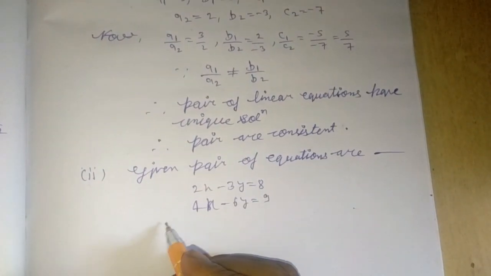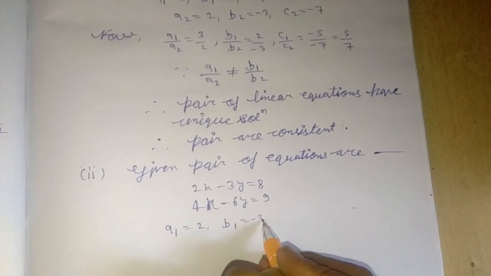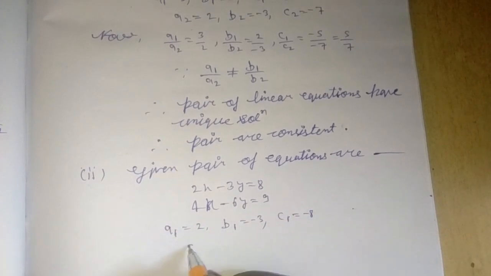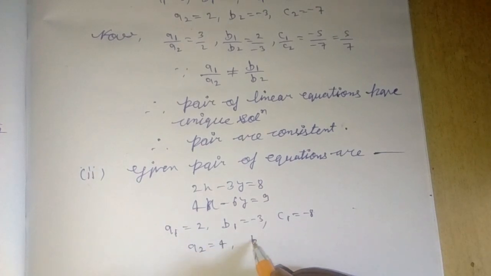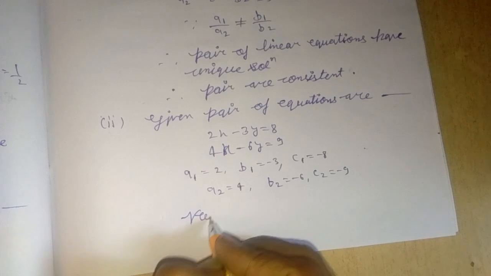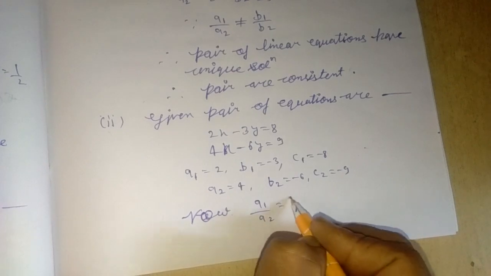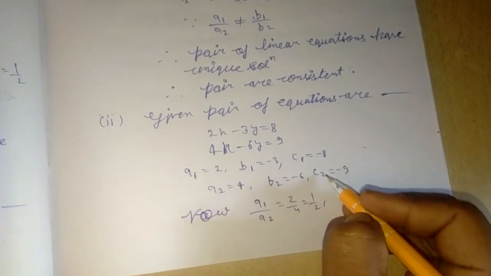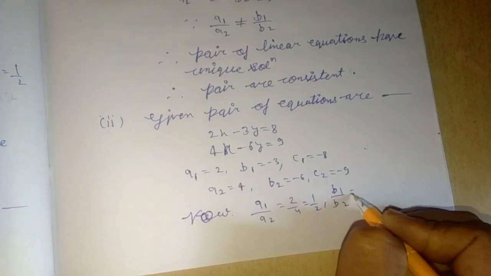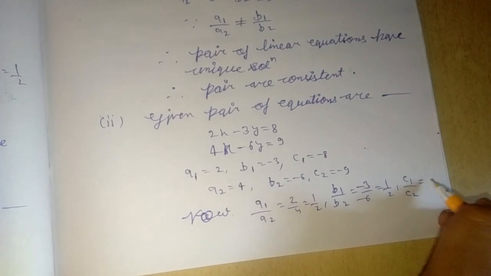Okay, so take out a1, b1, c1, a2, b2, c2 9. Okay, now we will take out the ratios a1 upon a2 1 upon 2, b1 upon b2 1 upon 2, c1 upon c2 8 upon minus 9, 8 upon 9.